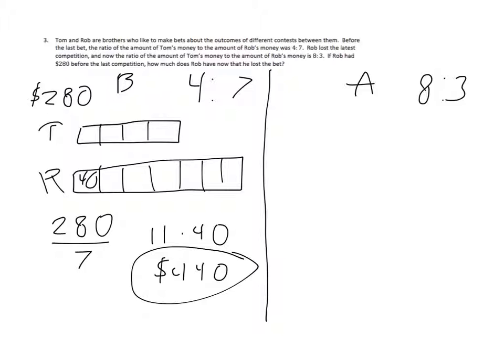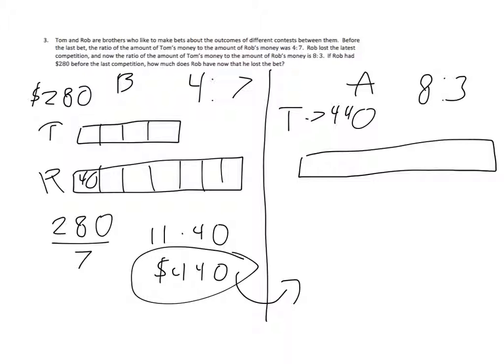Well, that is going to be the same over here. So there's going to be a total of $440. Well, then we can create our tape diagrams. And Tom now has 8. 1, 2, 3, 4, 5, 6, 7, 8 for Tom. And Rob has 3.